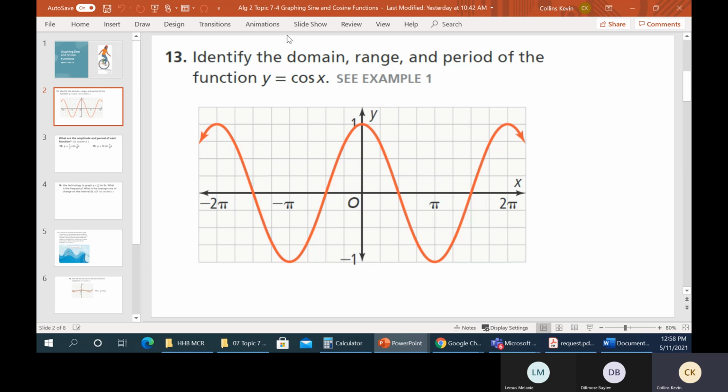All right, so domain, that's possible x values. What I've told you about domain still applies even with the trig function. When you look at y equals cosine x, you ask yourself the same two questions we always ask. First question is, do we have an x under a square root?